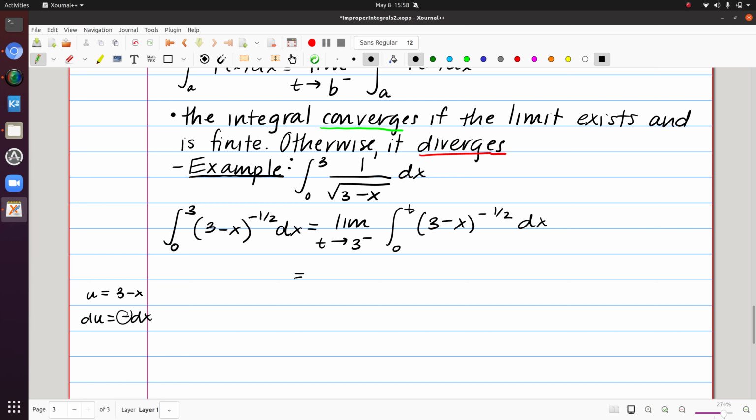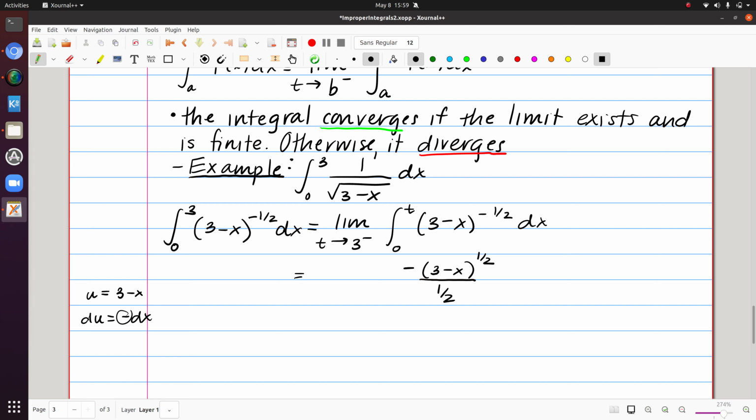So I can use the power rule on this, but I need to make sure that I include that negative sign. So the antiderivative here, consequently, is going to be, let's see, 3 minus x. This is now going to be raised to the 1/2, and I would divide by 1/2, but like I said, we've got to put that minus there.